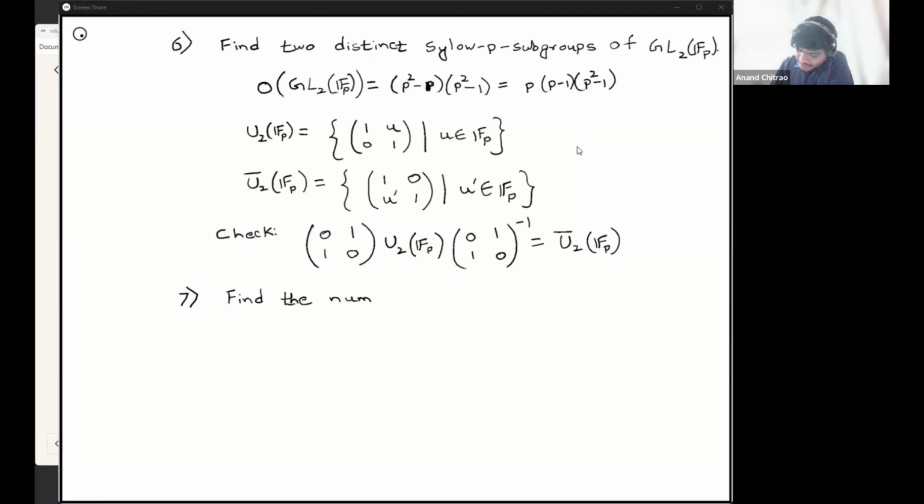Find the number of Sylow p-subgroups of Sp. Sp is the permutation group on p symbols.